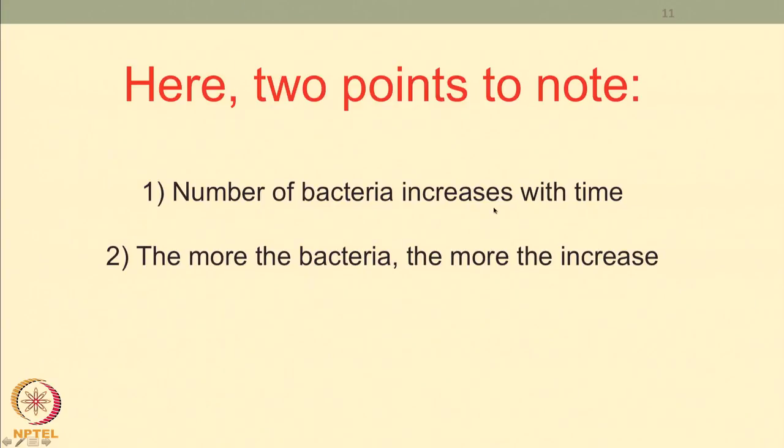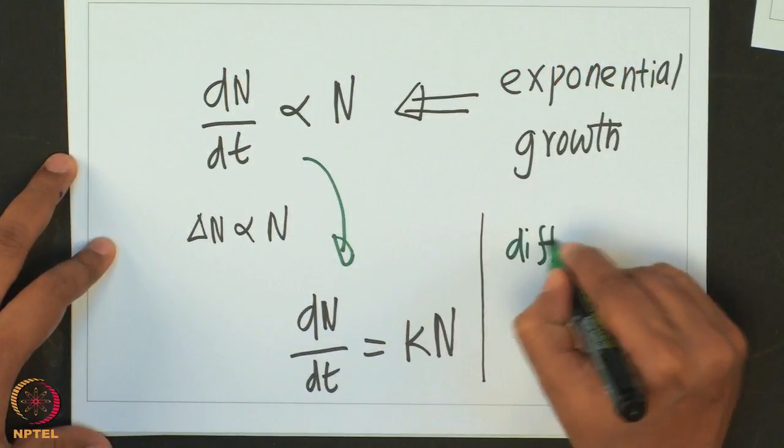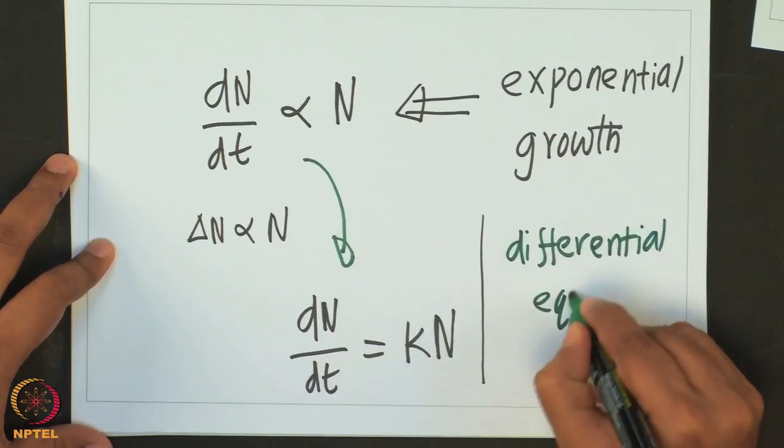We can mathematically describe this as dn by dt is some constant times n, and this is a positive sign, which would mean this is increasing. We would discuss a case of negative sign, which would mean decreasing, which is not the case currently. Here we have this equation, and this is a simple differential equation, an ordinary differential equation.